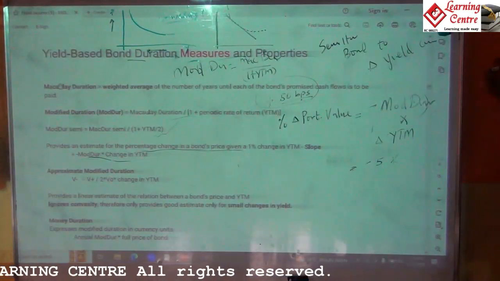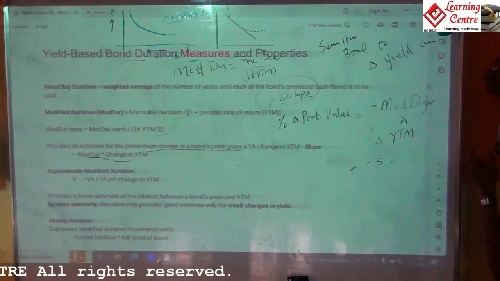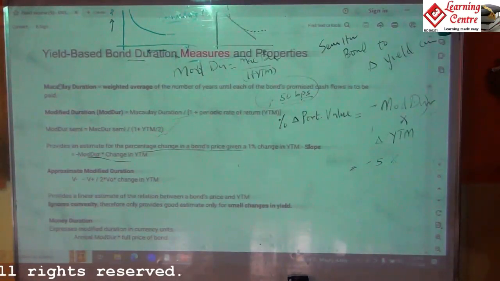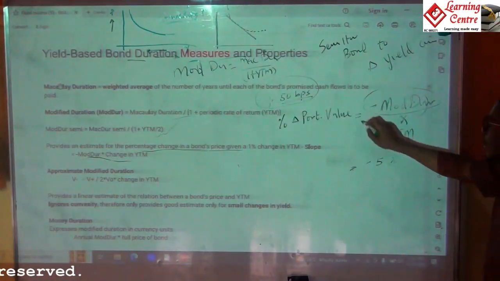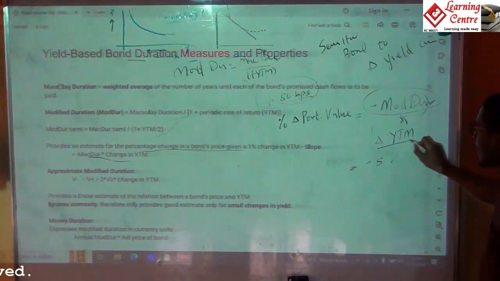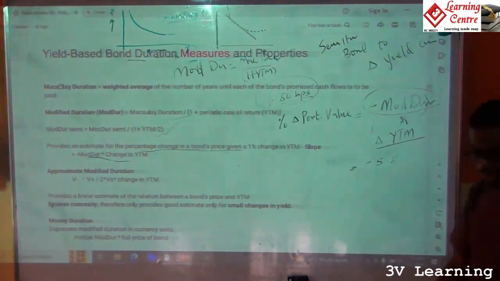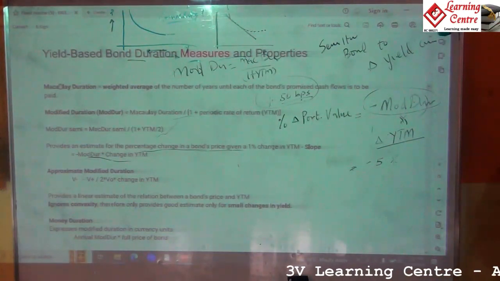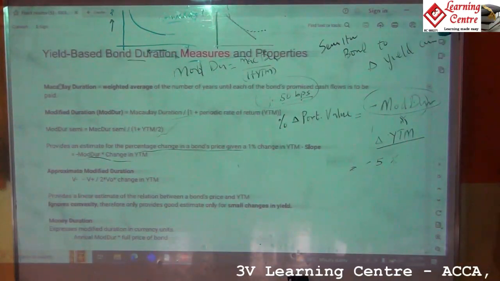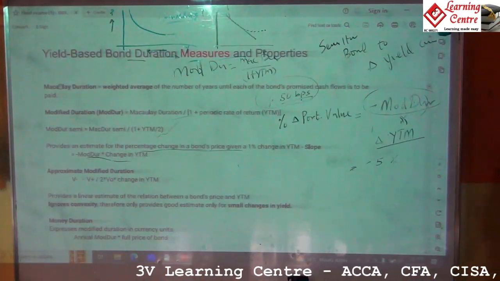We are trying to take it from 4.5 years, 5 years, to the actual percentage change in portfolio value. That's why we took our modified duration and multiplied it by the change in YTM. They told us the portfolio is sensitive to a change in the yield curve by 5, but what does it translate to in actual price decline?